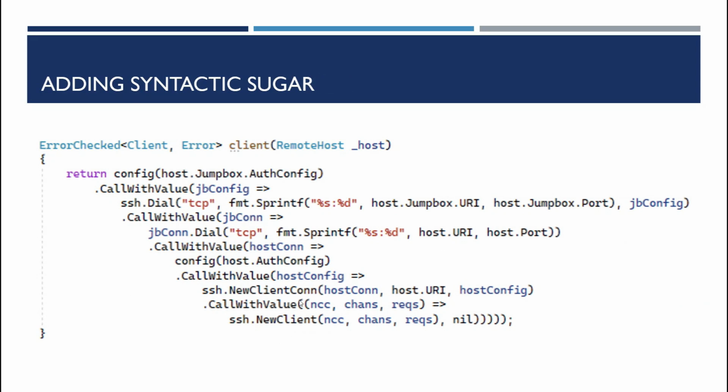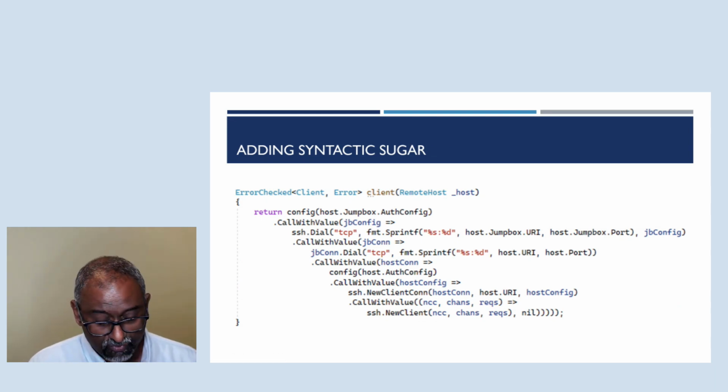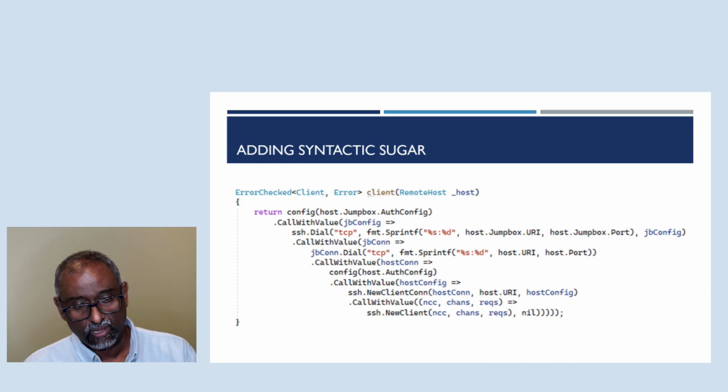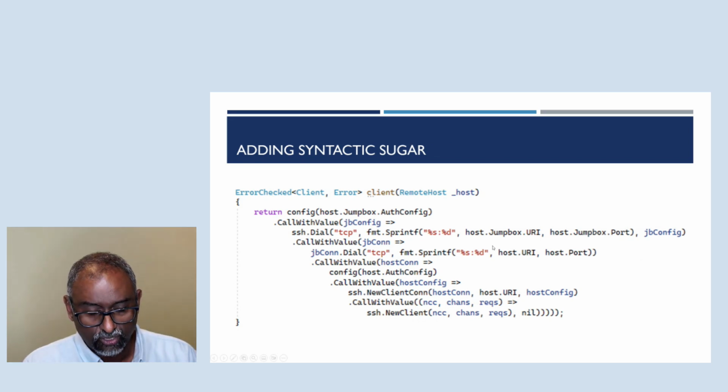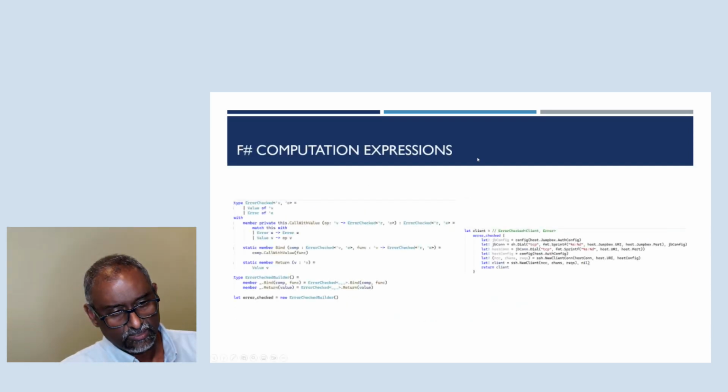But to go from here to the syntactic sugar piece, even if all the languages that we know of are going to be Turing compatible, there's an enormous difference between which language you pick, because the support for allowing you to put syntactic sugar on top of this representation is very much a function of the language. So in F#, that syntactic sugar is called a computation expression.